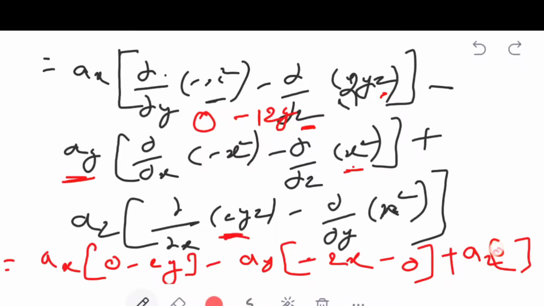Here with respect to x we are doing partial differentiation, 2yz gives 0, minus 0, dou by dou y of x square also 0, hence we can write like that. After that do the simplification of this.